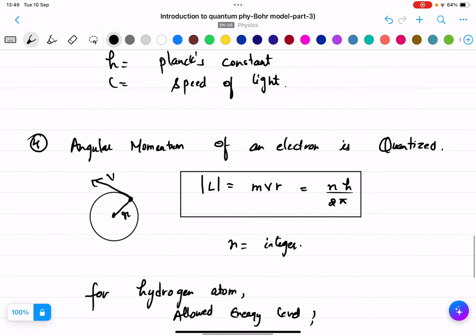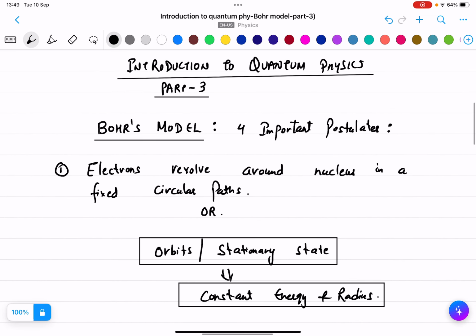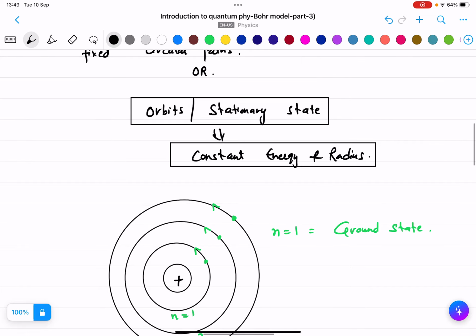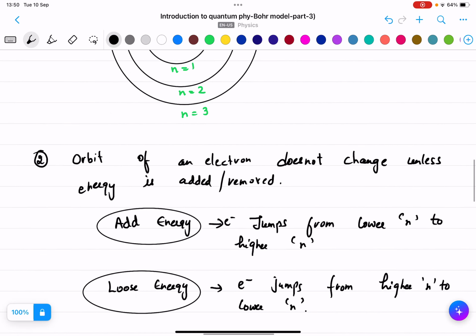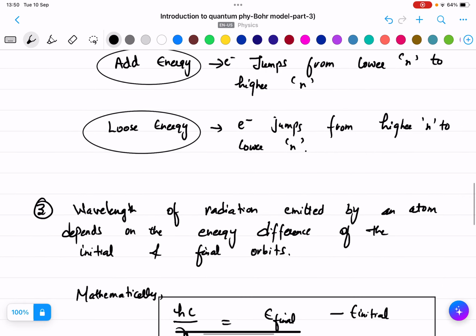Okay, so let us revise all four. The first: electrons revolve around the nucleus in a fixed circular path. Second: if we add energy, electrons jump from lower to higher n; if we lose energy, they jump from higher to lower n.